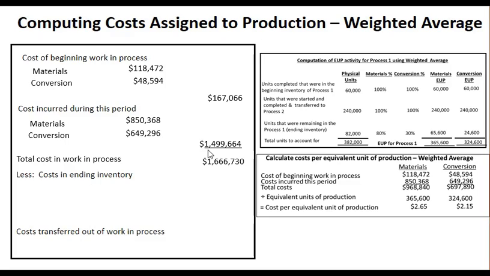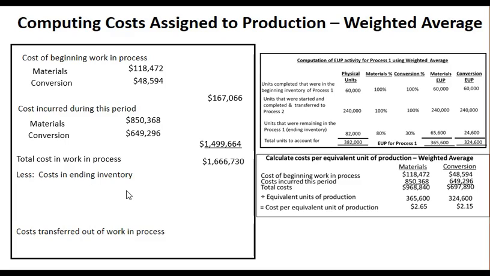They total to $1,499,664, and I've created a subtotal here of $1,666,730. Now again, I'm going to have to subtract out the value of my ending inventory.